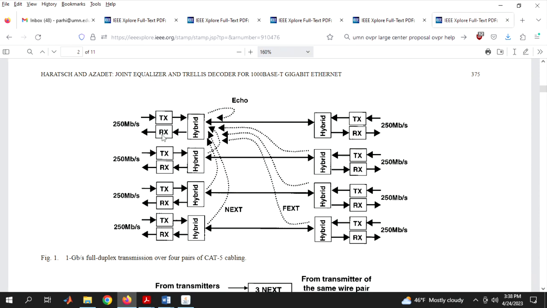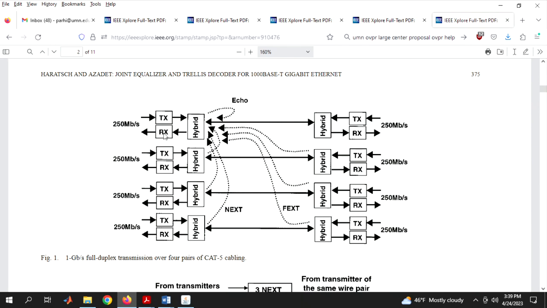Each of these transceivers is operating at 250 megabit per second. Think about it as 4 twisted pair cables. In that twisted pair there are 4 transceivers, each operating at 250 megabit per second.